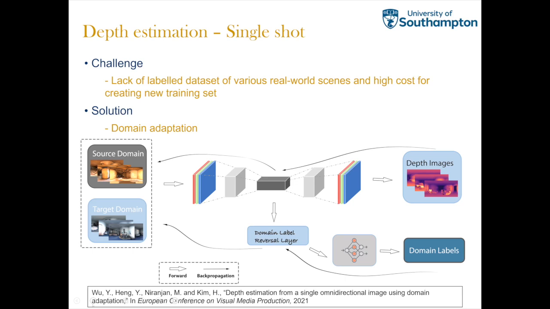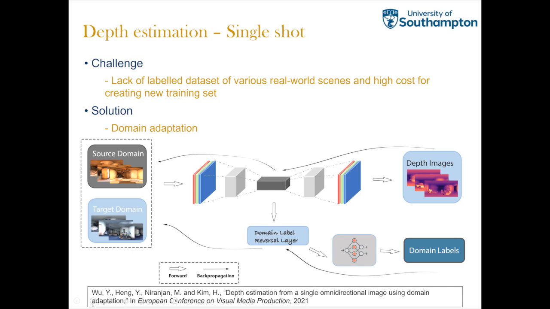So we adopted that idea for domain adaptation. In the source domain, we have ground truth depth, so we train depth estimation for the source domain, but we also add target domain images. They shouldn't work very well for target domain images because they are very different from the source domain, so their depth estimation results should be very poor. That gives us errors.